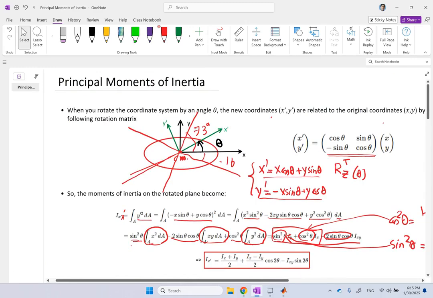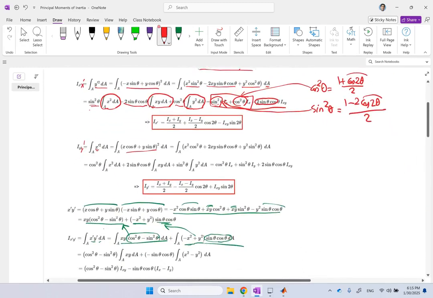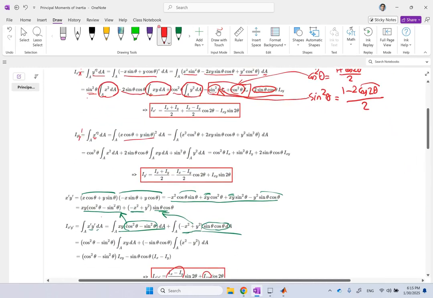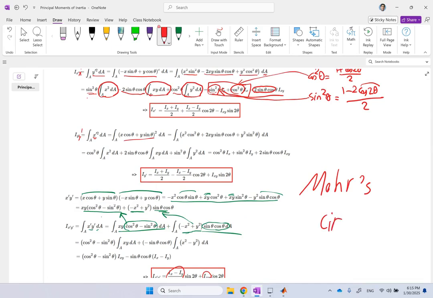And one other way that these formulas and everything is analyzed is called the Mohr's circle. And we are going to look at Mohr's circle later when we talk about stress and strain transformations in plane. We're going to get formulas very similar to this for stress and strain transformations due to rotation of an angle theta.